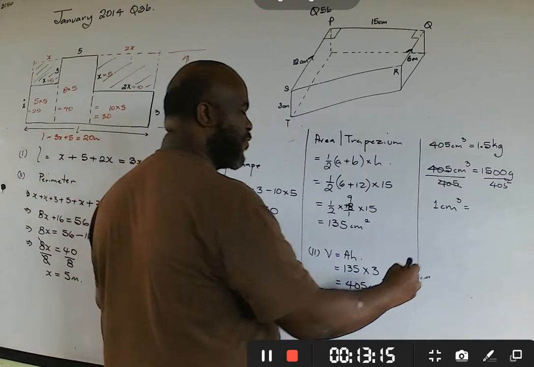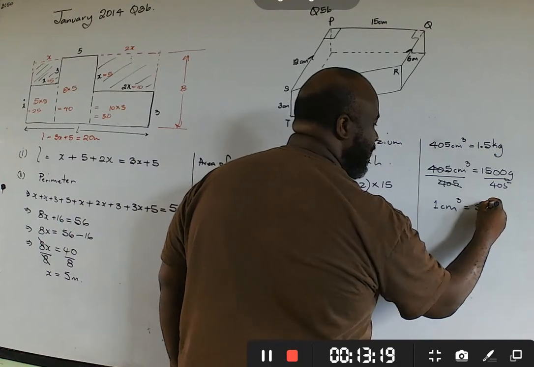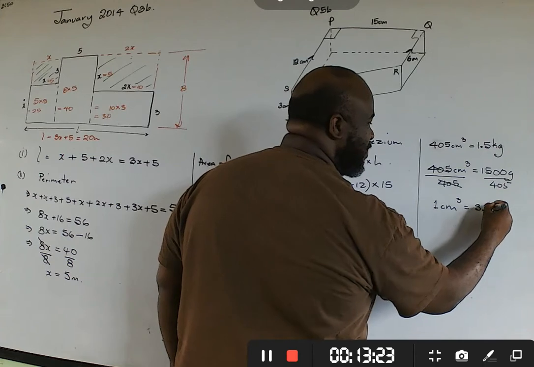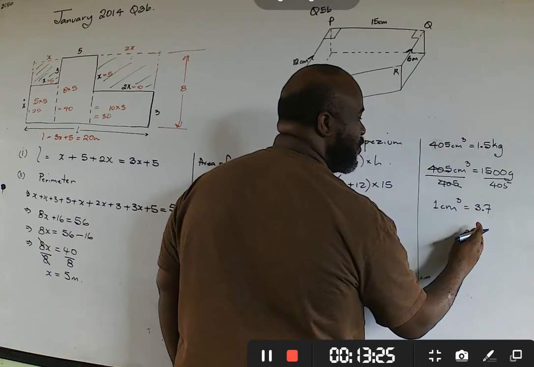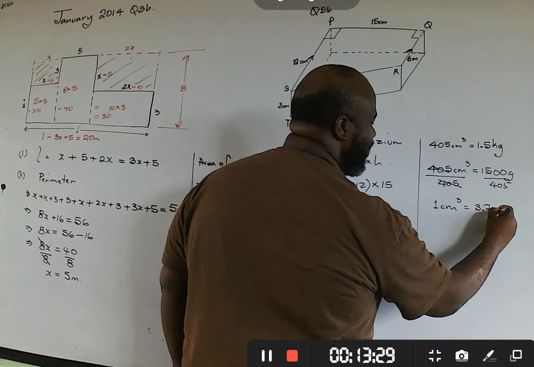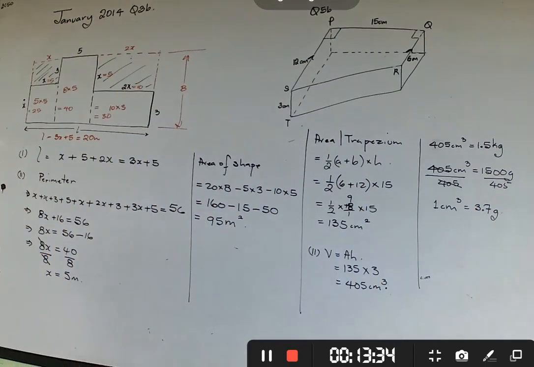So it's 3.7 grams. 1 centimeter cubed is 3.7 grams.